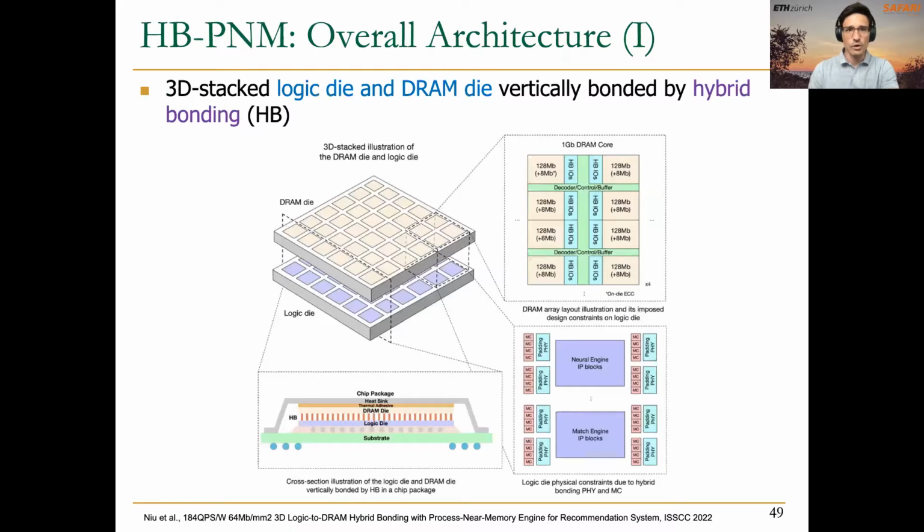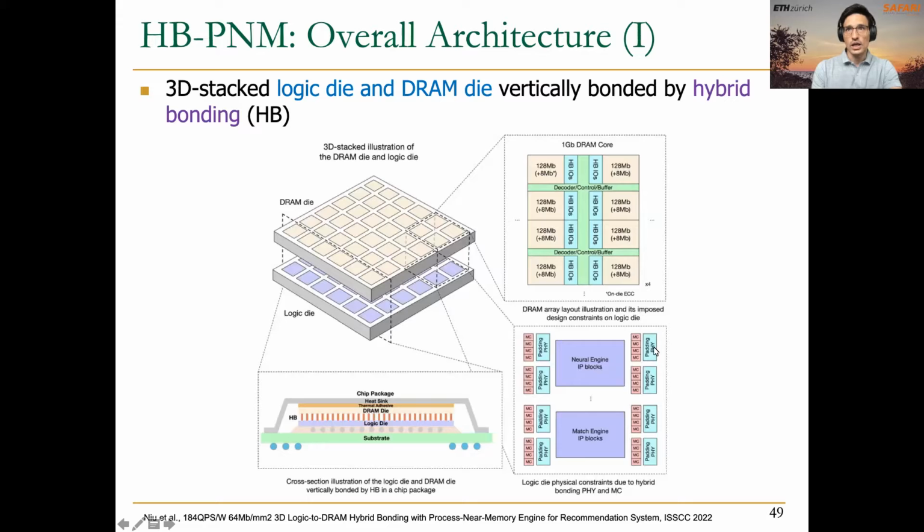But we can take a very quick look at the overall architecture. As you see, they are using a very interesting technique to do 3D stacked chips, where they directly bond two dies using this hybrid bonding technique. One of them is a DRAM die, the other one is a logic die, as you can also see in this illustration here.